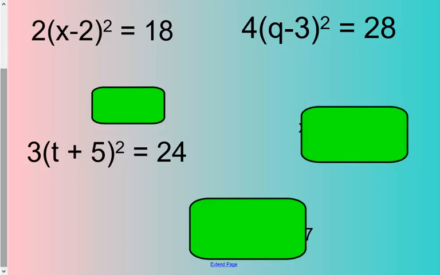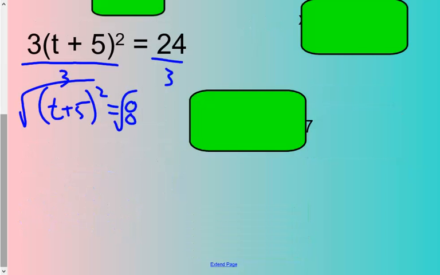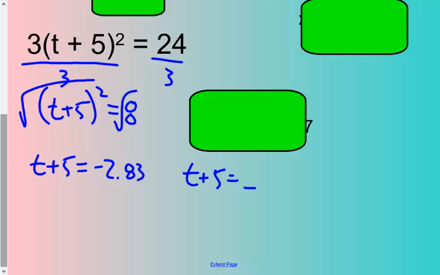So I'm going to do a couple of these for you guys. Let's see, they all look pretty similar. This one here, we'll divide by 3. Divide by 3. T plus 5 to the second power equals 8. I'm going to square root both sides. Square root of 8 is 2.83. Okay, so what I'm going to do here is t plus 5 equals negative 2.83, and then t plus 5 equals positive 2.83. I guess I need to put the plus sign there.